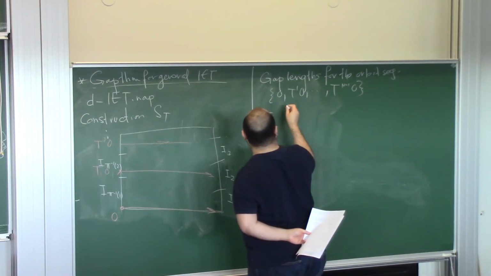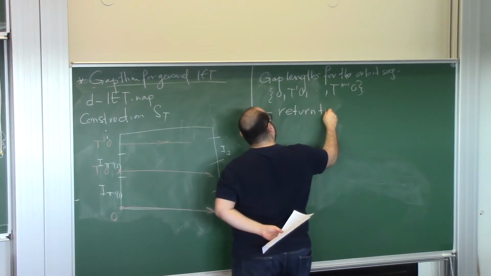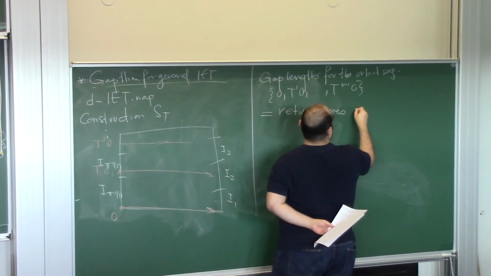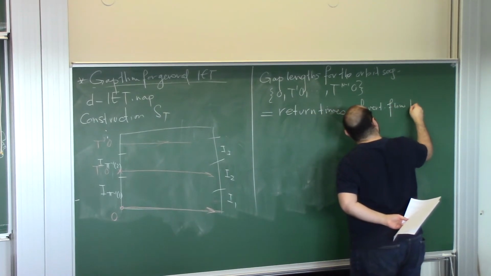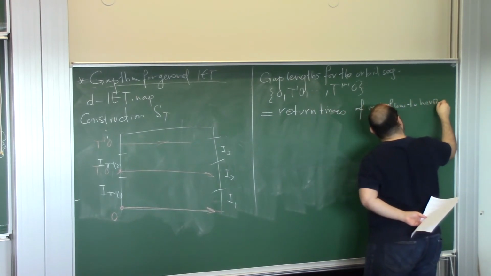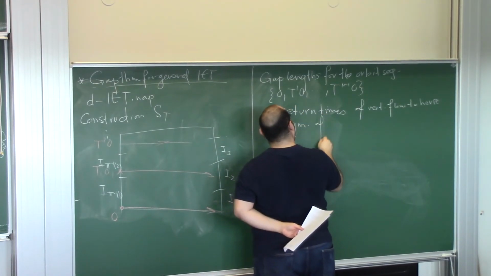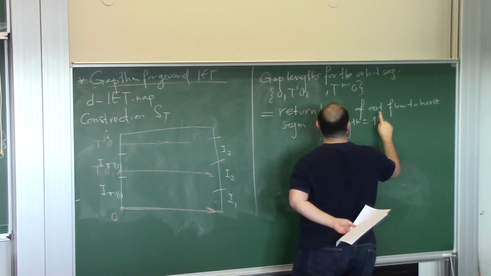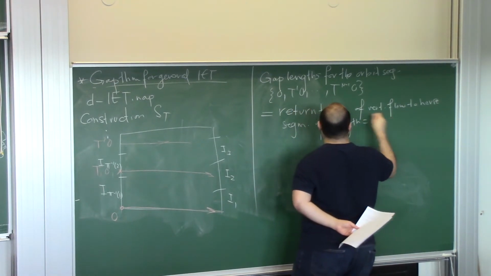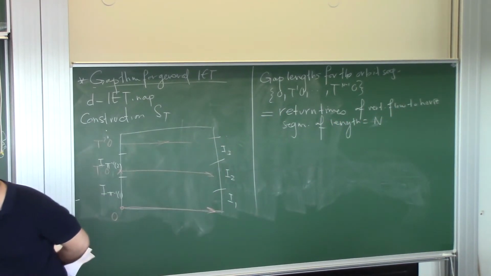It is equal to the return times of vertical flow to a horizontal segment of length 1. Oh no, not length 1, length n. You can still do the renormalization business if you're interested in doing that.